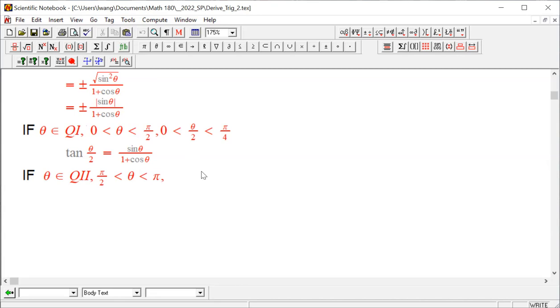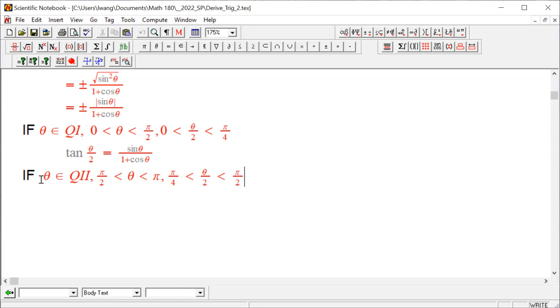As a result, half theta is going to be between pi over 4 and pi over 2, right?